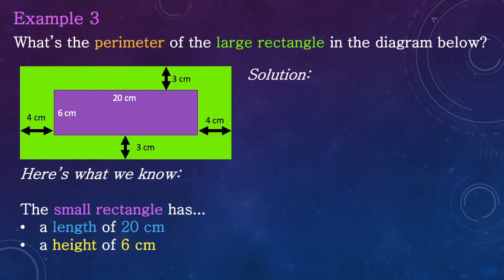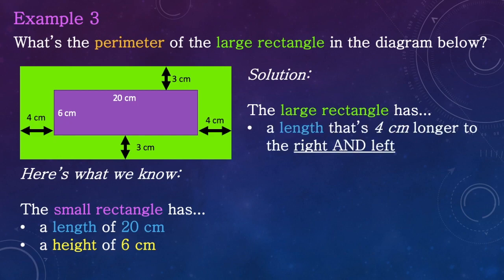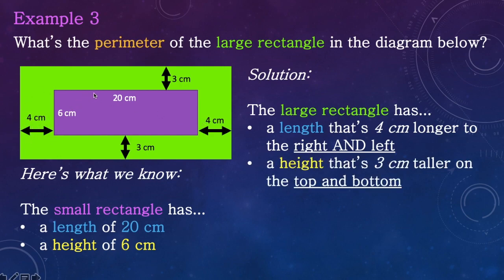So let's find the length of the large rectangle and the height of the large rectangle. So we know that the length is at least 20, and then 4 centimeters longer to the right and 4 centimeters longer to the left. And at the same time, we also know that the height is 3 centimeters taller to the top and 3 centimeters taller at the bottom.